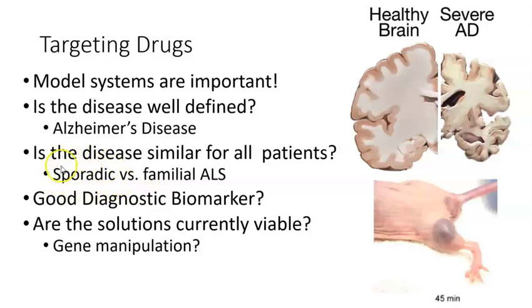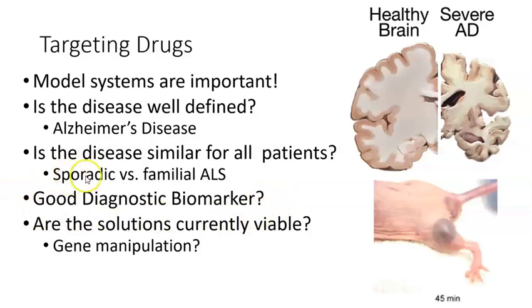Sometimes they're sporadic diseases, they're non-genetic, and we don't really know how. It's more difficult to study those and to create a model system for those. Are there good diagnostic biomarkers? Can we identify if there is a disease, or if there's some way to truly say if someone has Alzheimer's disease or not? How do we define that?